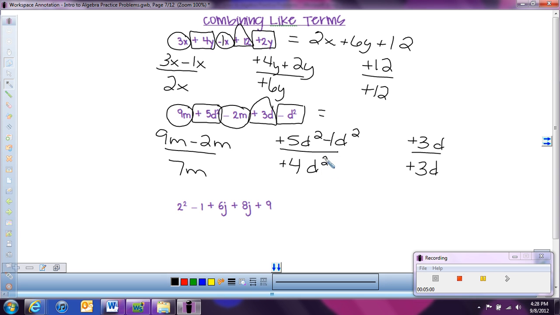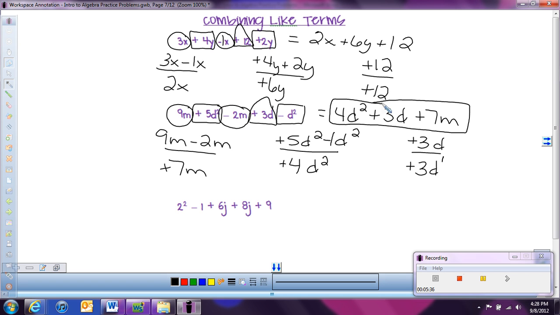So b squared, to the second power, is higher than b to the first power. So I'm going to put this one first. 4b squared plus 3b plus 7m. The reason this is plus 7m is because of the positive 7. If it was negative, we'd put a subtraction sign, but it's positive, so we're going to put an addition sign.